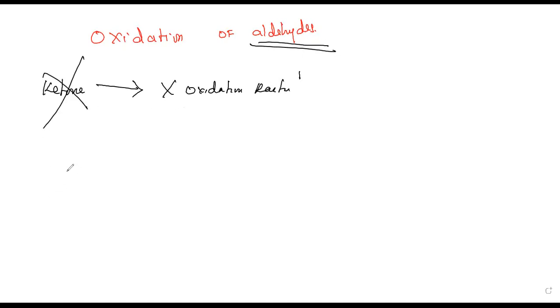So what is happening first? Can you say what are the oxidizing reagents that we have used? Anyone? Can you remember the oxidizing reagent that we have used? You all are studying sodium hydroxide, oxidizing reagent sodium hydroxide?